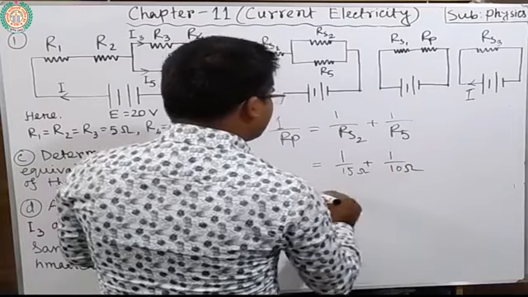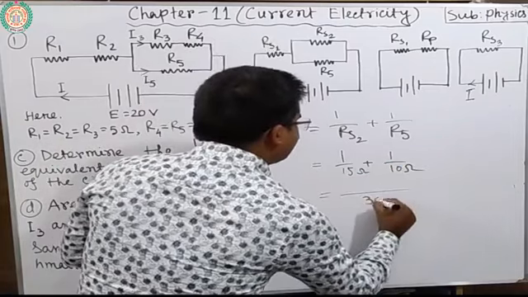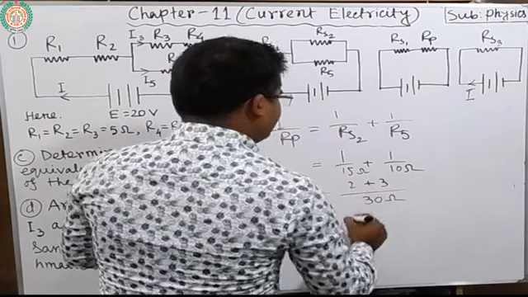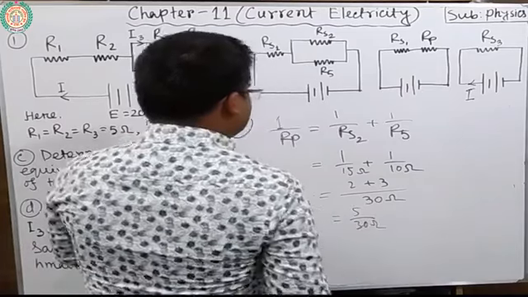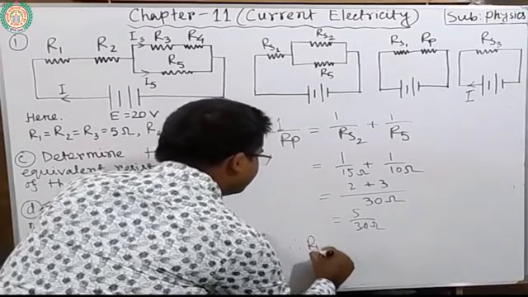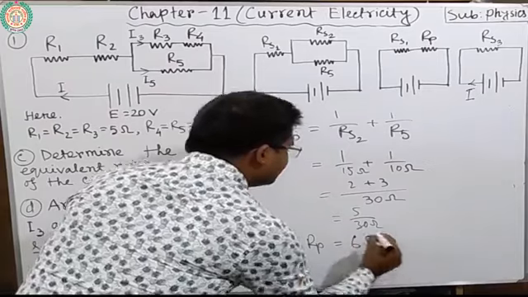So dear students, what will be the result? The LCM is 30 ohm, so you can write 2 plus 3, that means 5 by 30 ohm. Dear students, 1 by RP is equal to 5 by 30. So you can write RP is equal to 30 divided by 5, that means 6 ohm directly.